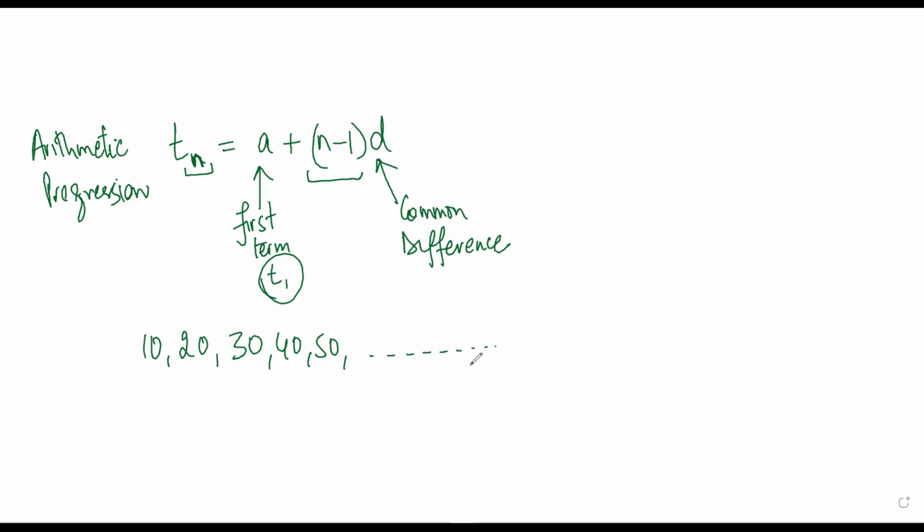Now in this sequence, can you tell me what will be T53 equal to? Mr. Satya, Mr. Shivan. Okay. So T53, what is my n? My n is 53. Satya, have you understood? Yes, sir.